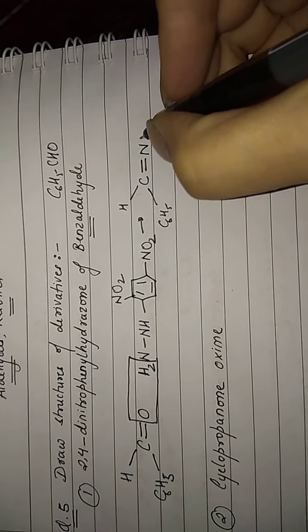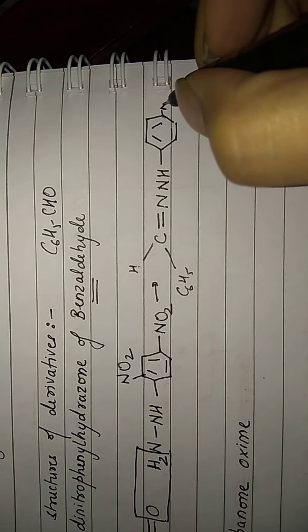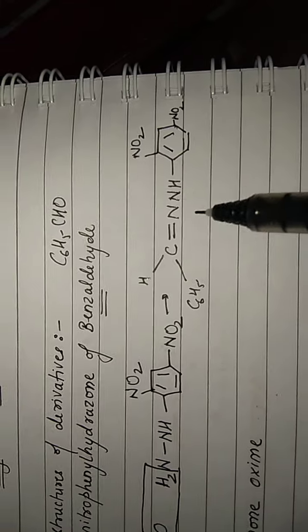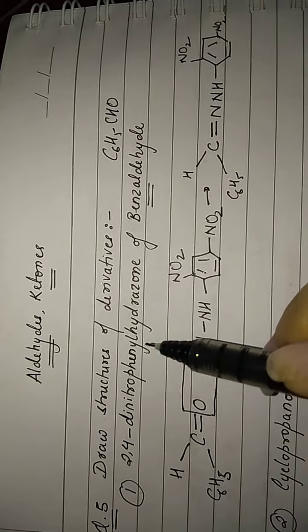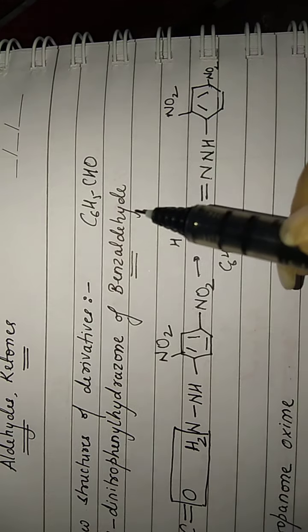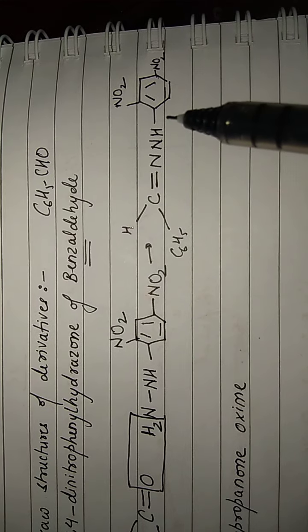So you have N, NH and the rest of the thing. This compound which is formed will be called 2,4-dinitrophenyl hydrazone of benzaldehyde, or you can simply call it benzaldehyde 2,4-dinitrophenyl hydrazone. This is how you name this particular derivative.